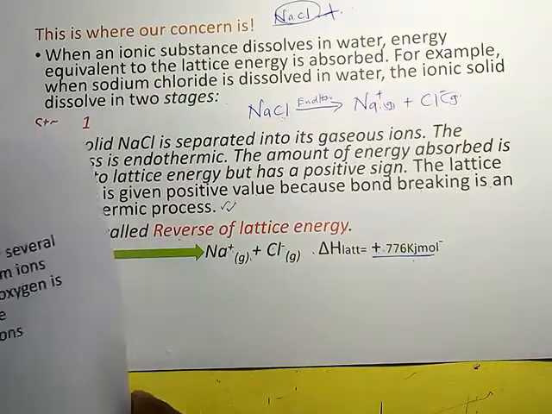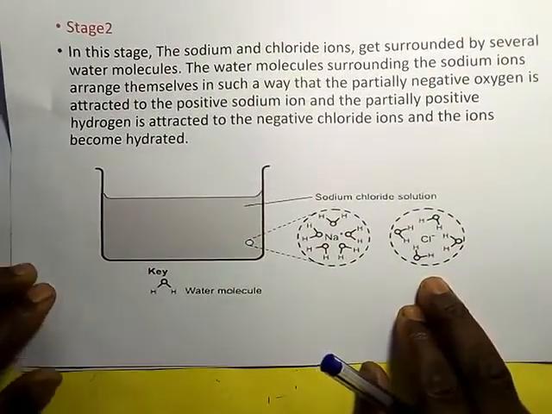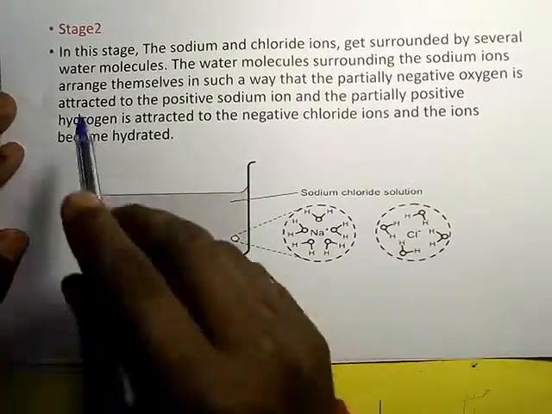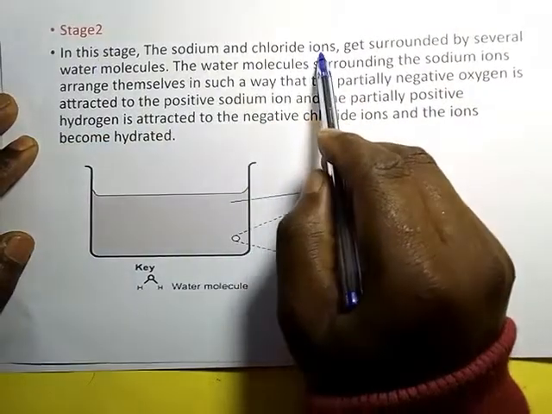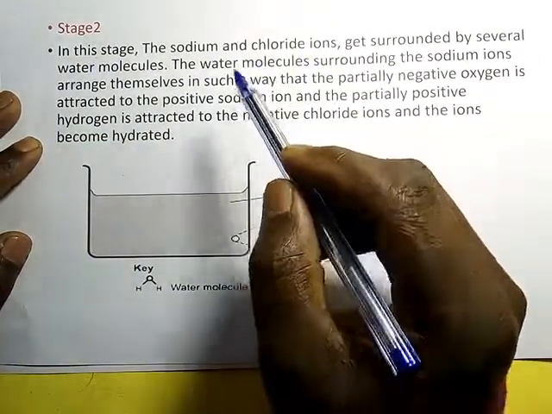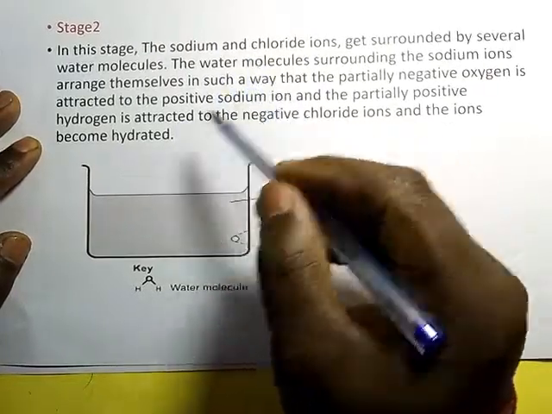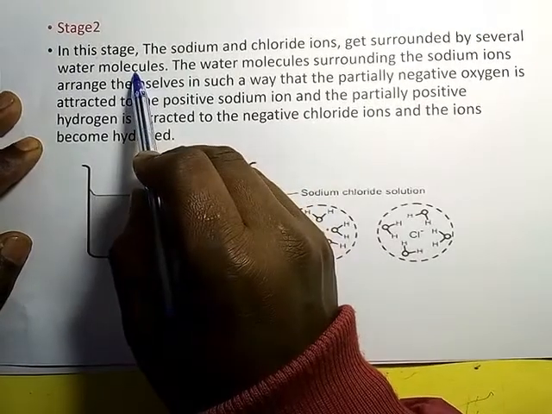What happens in stage 2? In this stage, the sodium and the chloride ions, now after bond breaking, which are in gaseous form, get surrounded by several water molecules.